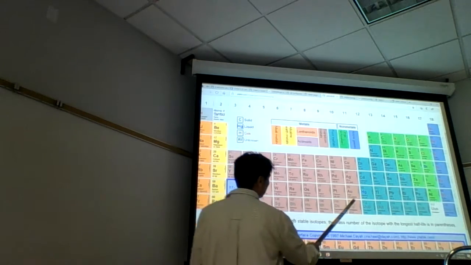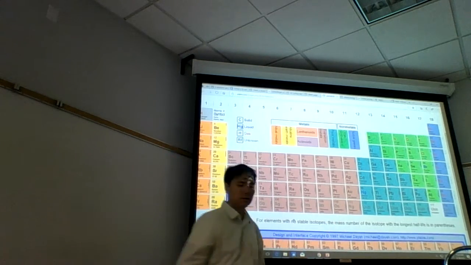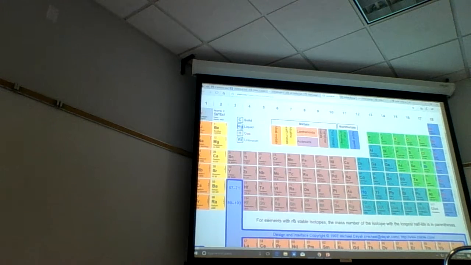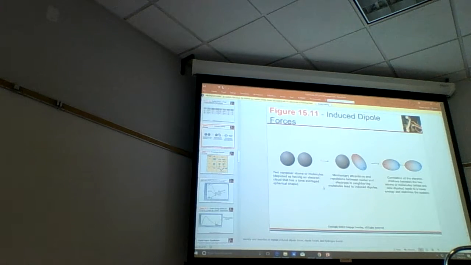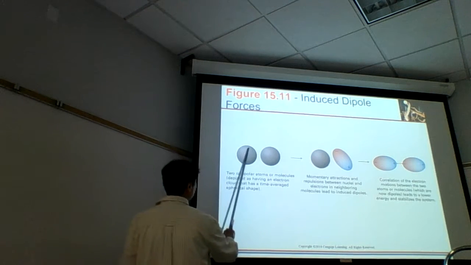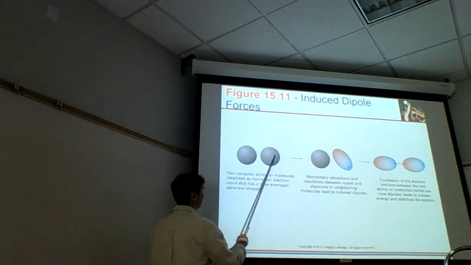Why the more electrons, the better? Mercury has 80 electrons. The reason why the more electrons the better is because it's easier to distort the cloud, and we can generate much bigger instantaneous dipoles. So if you have 80 electrons, normally they are evenly distributed in the shells here.